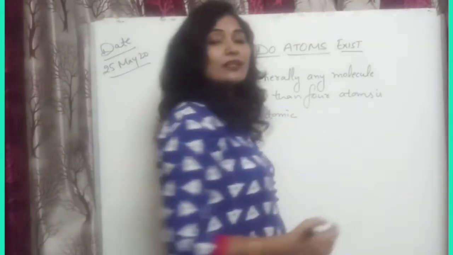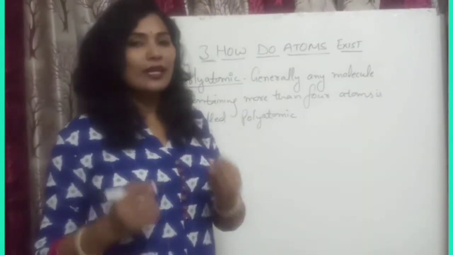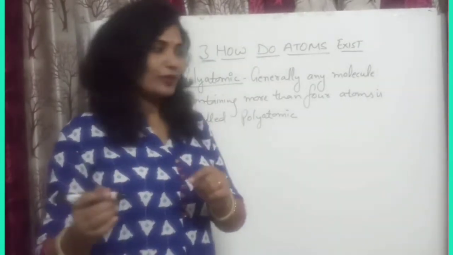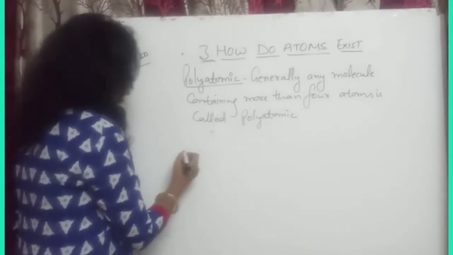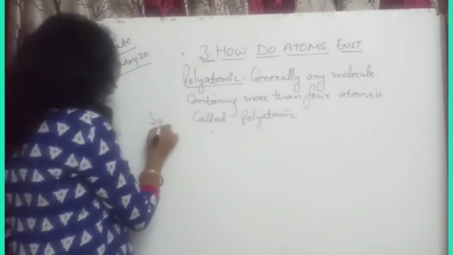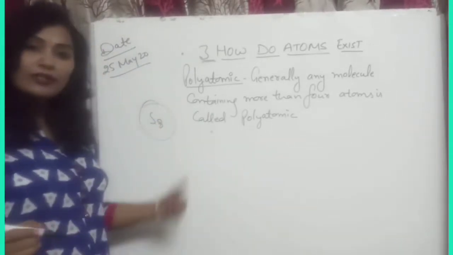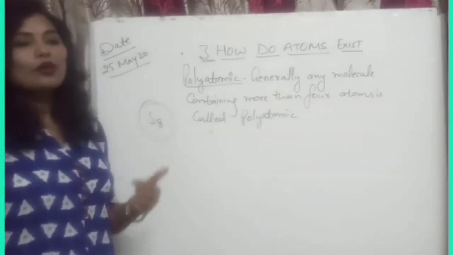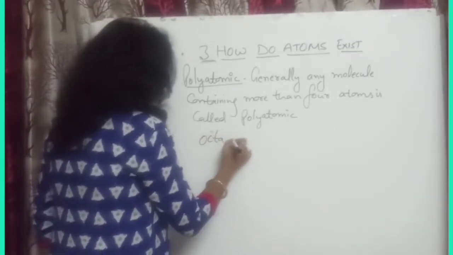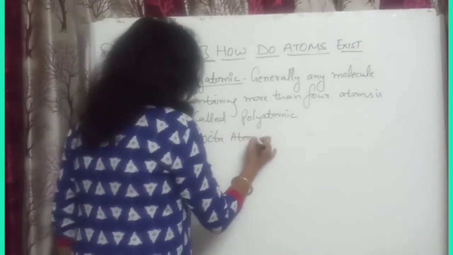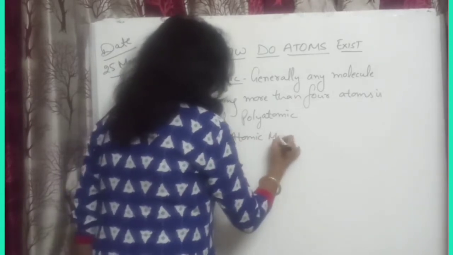Have you seen that solid sulfur is octaatomic? It is written like that, S8. So it is more than 4, so it is octaatomic.